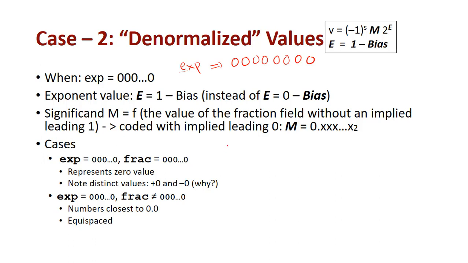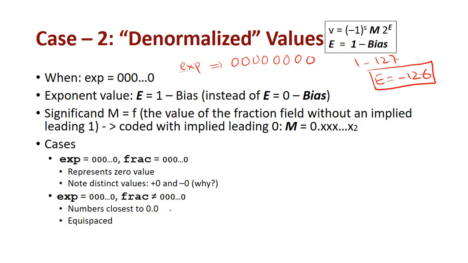Here we have a different formula to calculate the exponent: 1 minus bias, and for k equal to 8, the bias is 127. So 1 minus 127 gives e equal to minus 126, which is the exponent.